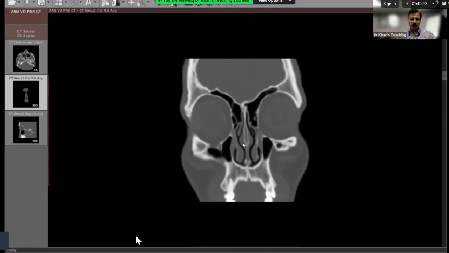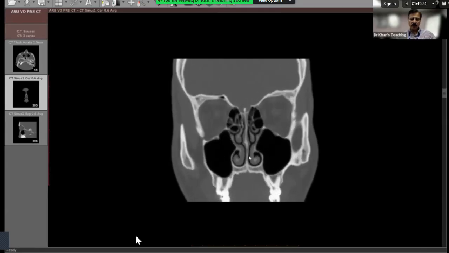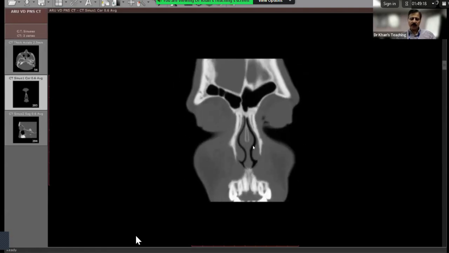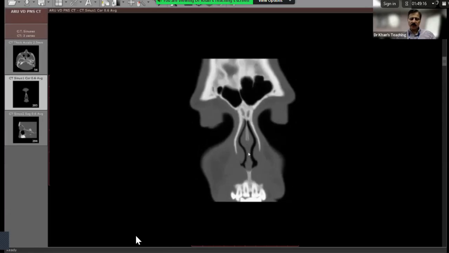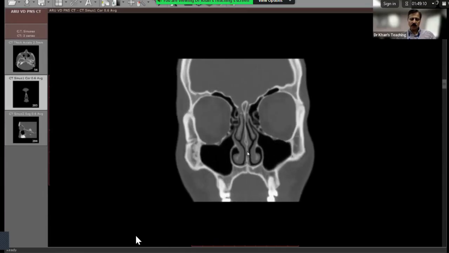So this is the septum. As we are going posteriorly, you can see that the whole of the septum becomes bony. On the other hand, as I come anteriorly, you can see that the septum is there, but it hasn't got a bone. So this is cartilage. So this is one point to remember.